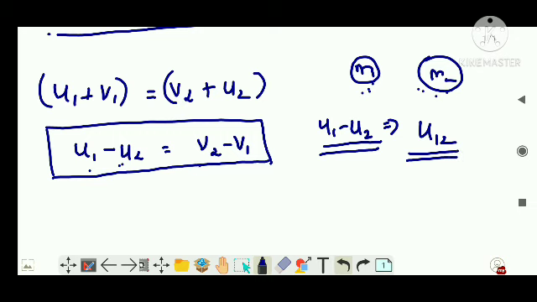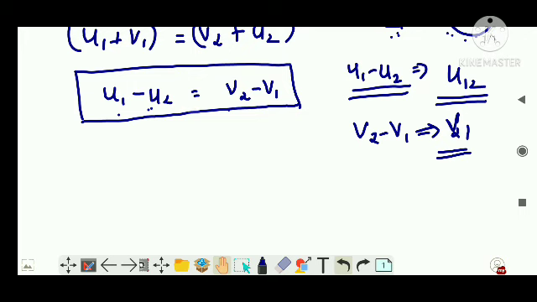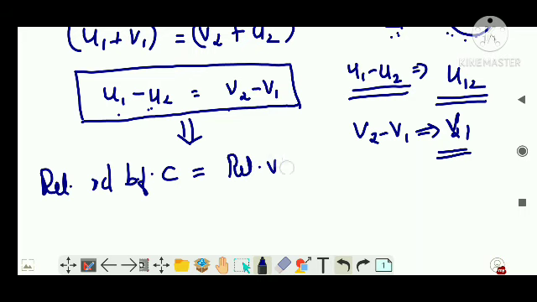So what is v2 minus v1? That is the relative velocity between mass m1 and m2 after collision, right? You can write it as v21. So as per this equation, a very important criterion for an ideal elastic collision is that the relative velocity before collision should be equal to the relative velocity after collision.